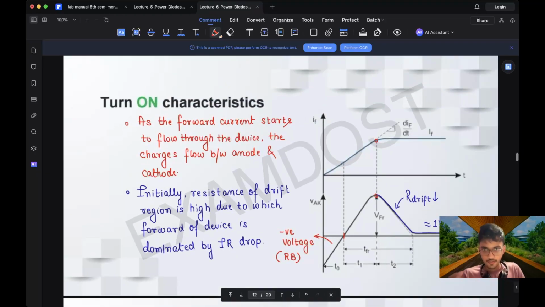As the forward current starts to flow through the device, charge flows between anode and cathode. Anode obviously at the P plus region and the cathode would be at the N plus region. Initially resistance of drift region is high, due to which forward voltage of device is dominated by IR drop.